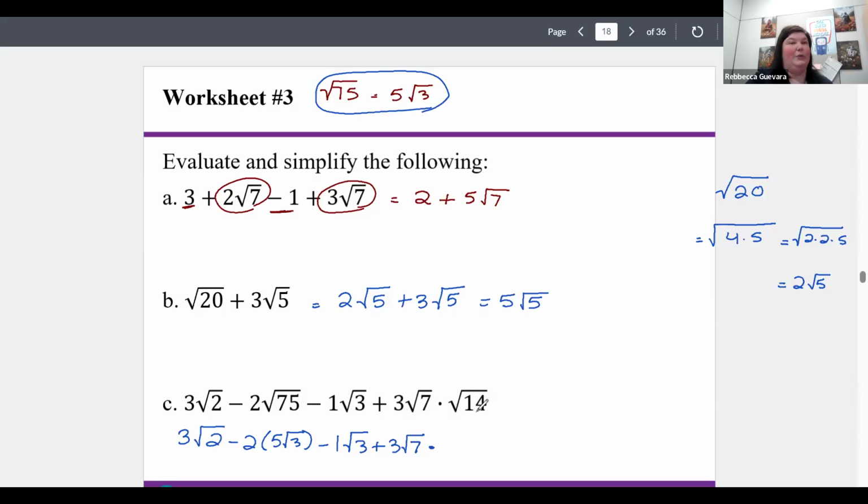So if I look at that square root of 14, or actually just that whole term altogether, yeah, let's do that instead. So I'm going to change this just a little bit. We have a radical times a radical here. So this is 3 square root of 7 times 14.